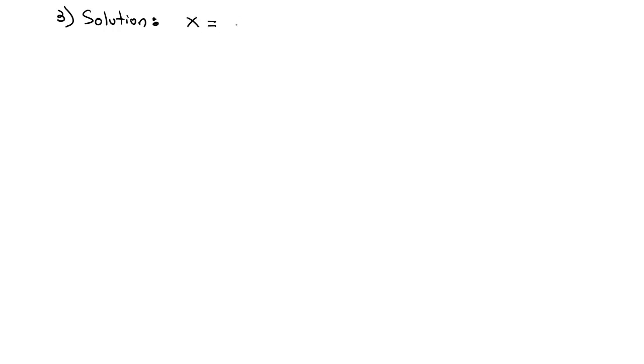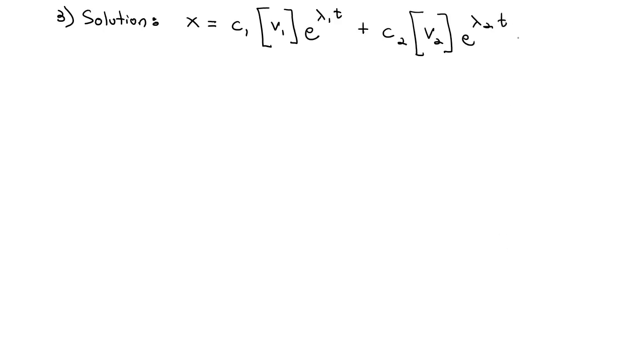So it's going to be x is equal to our first constant times the first eigenvector, e to the eigenvalue times t, plus the second constant times the second eigenvector, e to the second eigenvalue times t. And you'll notice this is very similar in form to what we found with linear differential equations in one variable. We would have c1 e to the solved derivative times t, plus c2 e to some power times t. It's the same exact idea, we're just working it for the system of equations.